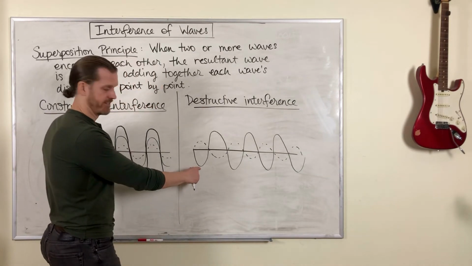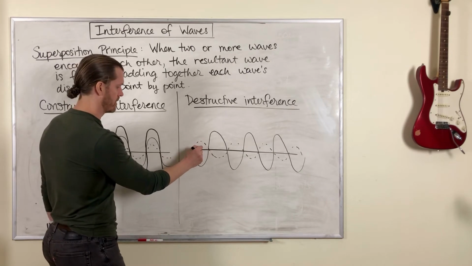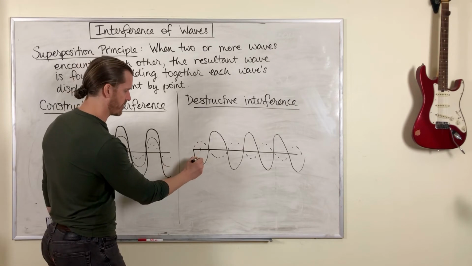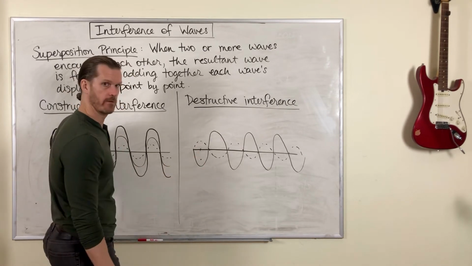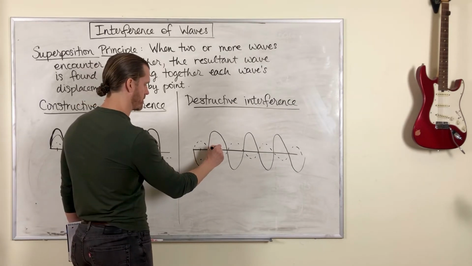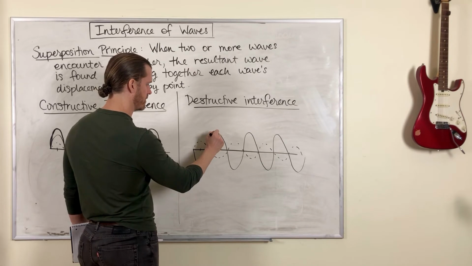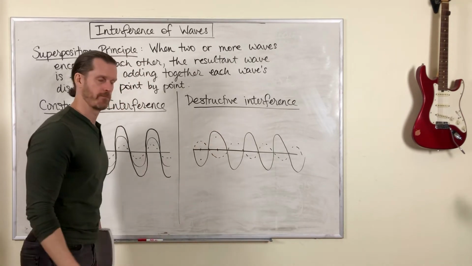This wave is negative. This wave is positive here. I'm looking at this point. So when you add them together, you get a value, it's about here. Now let's look at this point. This one's positive, this one's negative. So when you add them together, you get a point that's about there.